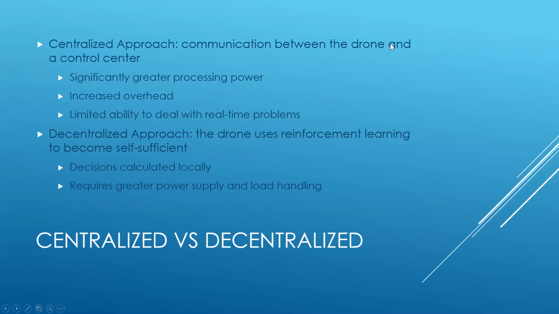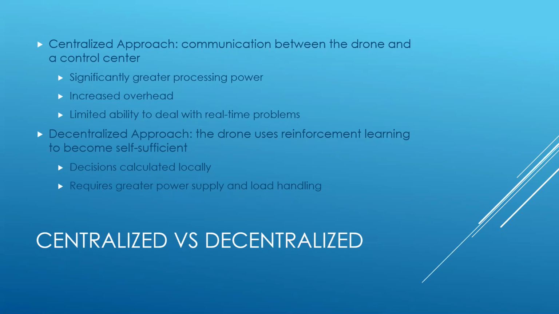In a centralized approach, the data is gathered and computed remotely before it is communicated to the drone. This enables the use of more powerful computation, but increases the overhead communication time and limits the ability of the UAV to deal with real-time problems.